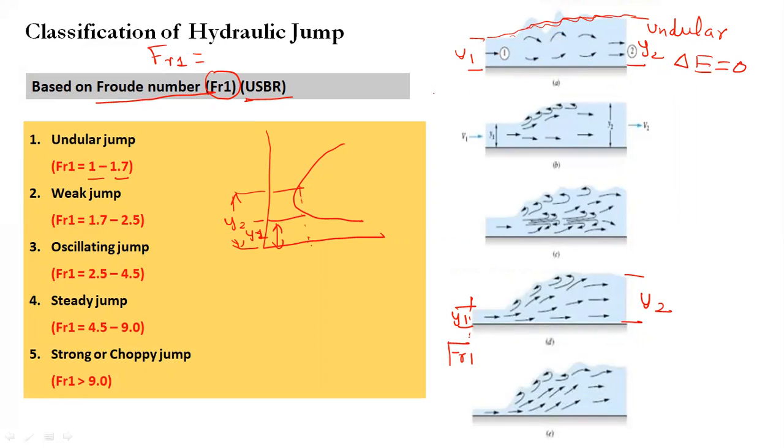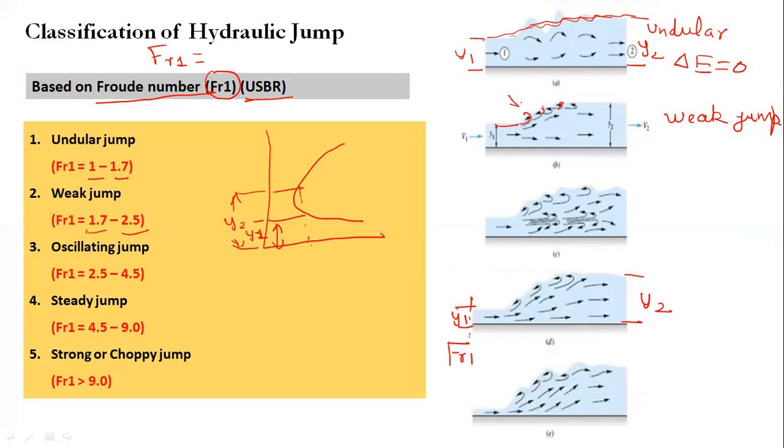Now, when the initial Froude number increases, suppose you increase the Froude number from 1.7 to 2.5, so you are getting a weak jump here. In a weak jump, you can slightly see the rollers forming.